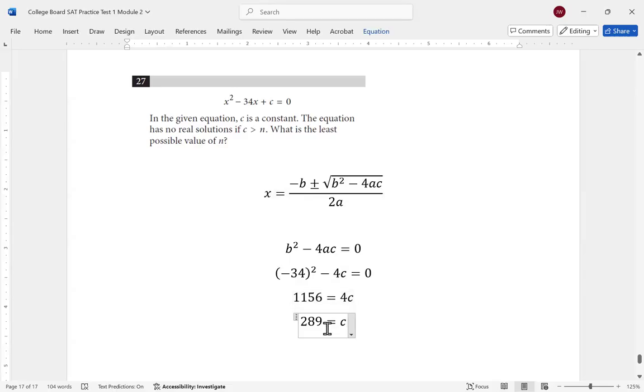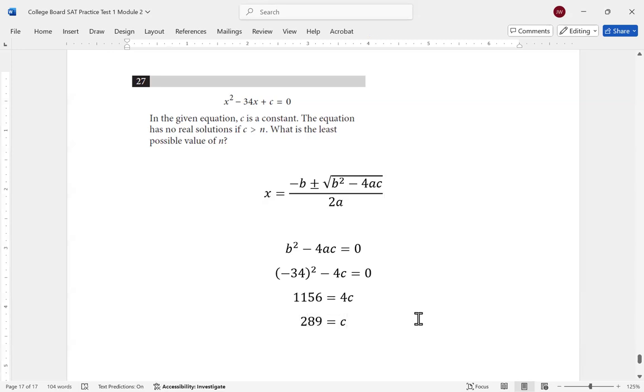Basically what's happening here is that anytime c is above 289, this value is going to be negative, and therefore we are not going to get real solutions. Anytime c is 289 or below, this value will be positive, and therefore we would get real solutions. So the least possible value of n is 289.